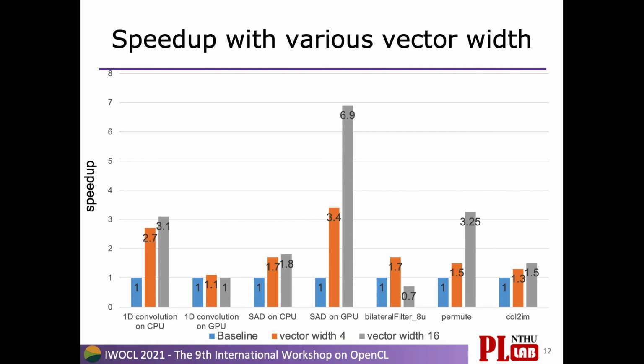And we use unoptimized kernels as the baseline, which are compared against vectorization with widths 4 and 16. The last three kernels are from OpenCV 4.5.1, run on GPU. The baseline is represented as blue bars, vector width 4 is represented as orange bars, and vector width 16 is represented as gray bars.